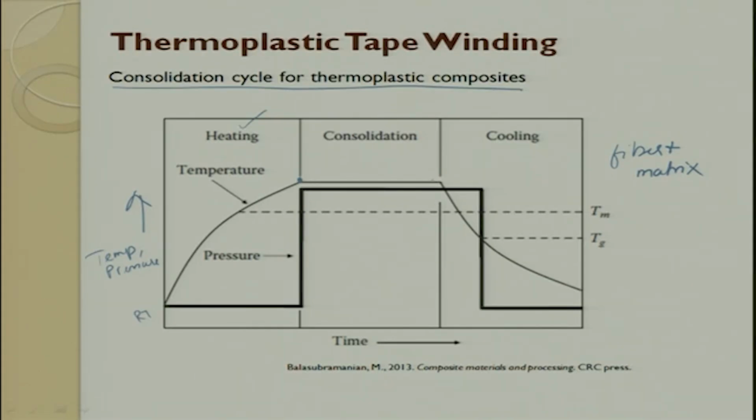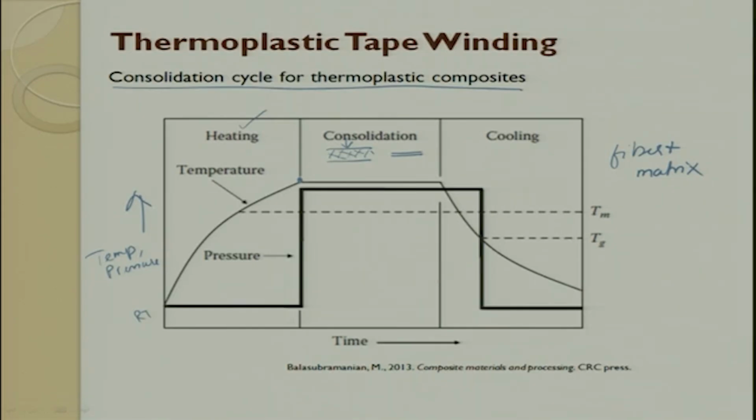What do you mean by consolidation? Consolidation means, suppose you have two different layers. Now these two layers are pressed such that the gap is collapsed. So you get two laminates together, so you get the required output. If you have multiple layers, it is always good to have consolidation.